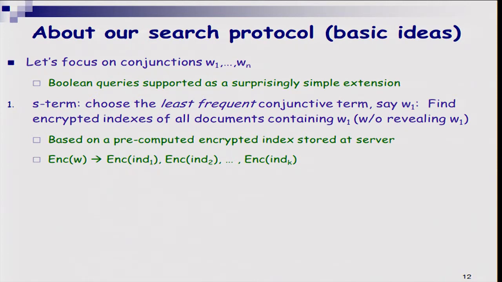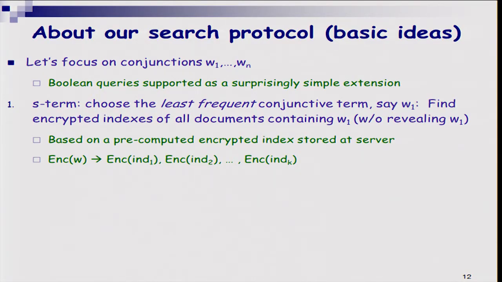Boolean queries actually are an easy extension of the protocol for conjunctions in this case. So we start by choosing what we call an S term, S for small, basically the least frequent term in the conjunction.